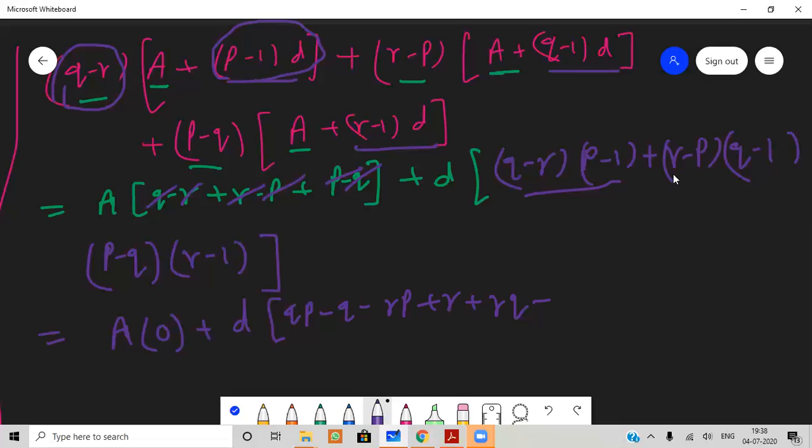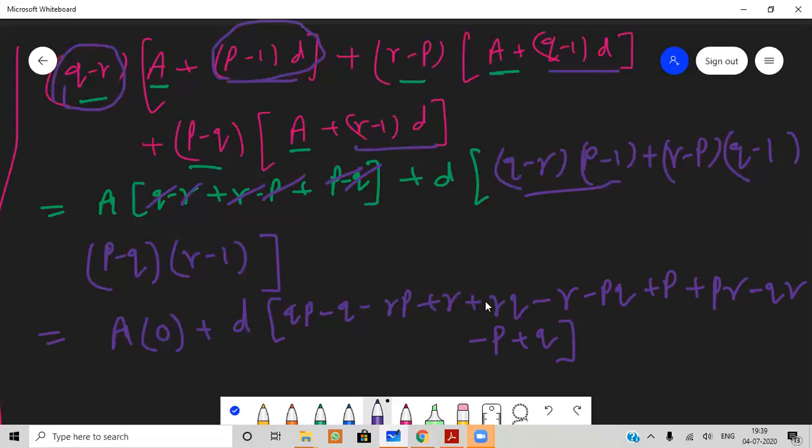So rq minus r minus pq plus p. All right, simple multiplication. And plus, I see here p minus q times r minus 1 will give pr, minus qr, minus p, plus q. This is all inside the bracket.